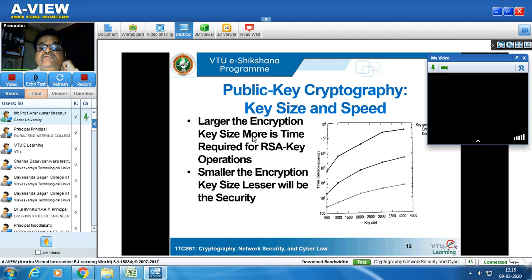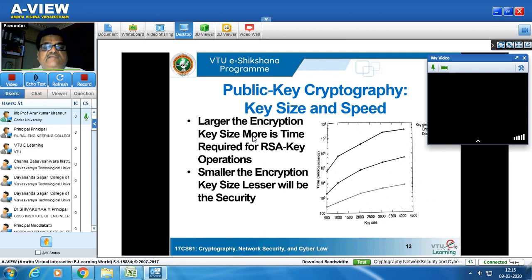And when this information is getting exchanged in public key cryptography, between key size and speed, a lot of trade-off we have to make. As the key size increases, the time required for key generation, time required for encryption, time required for decryption goes up in the scale of orders of 10.